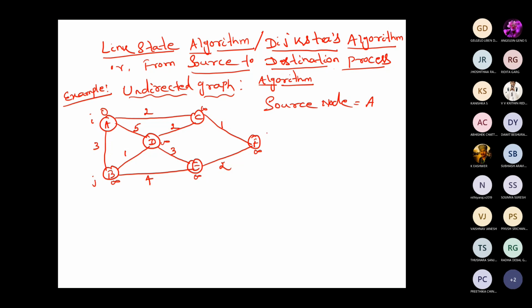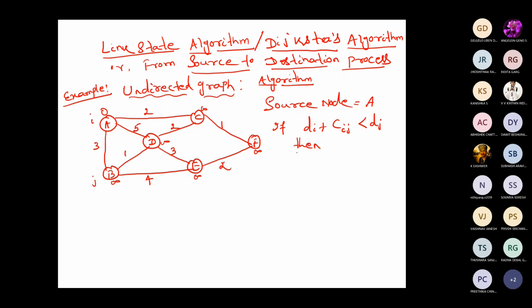But here we are not using that formula; here we use this: if d of i, which is the self node distance, plus c of ij, the cost between this A to B, in this case it is 3, with di being 0, is less than d of j, where d of j is the next node distance, then it can be replaced.